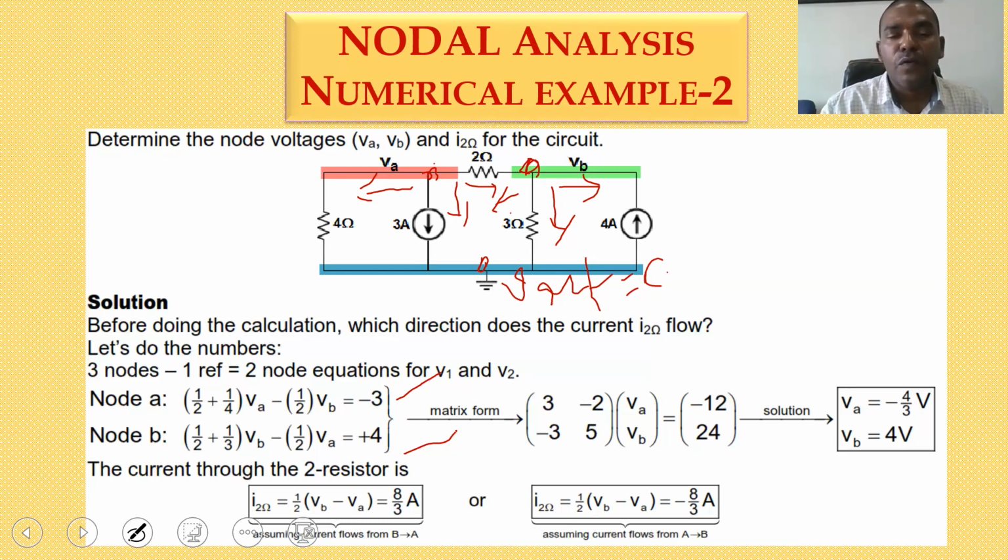Then you can calculate VA and VB. VA is delta 1 by delta, VB is delta 2 by delta. Finally you get minus 4 by 3 as the VA value and 4 as the VB value. Once calculated, they ask to find the current flowing through the 2 ohm resistor.